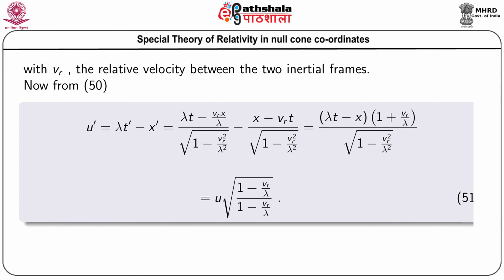So, u' takes the form λt' minus x', equals λ(t minus V_r x/λ²) over the root of 1 minus V_r²/λ², minus (x minus V_r t) over the root of 1 minus V_r²/λ². That means we have replaced the values of t' and x', and simplifying we get u' equal to u times the root of (1 plus V_r/λ) over (1 minus V_r/λ).